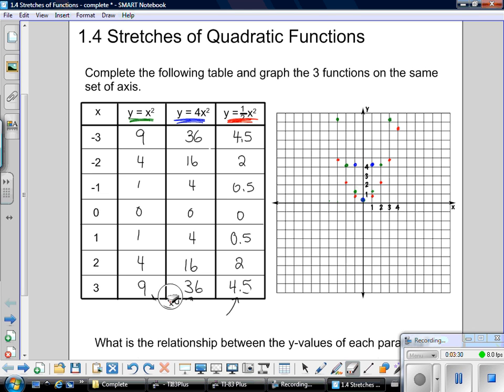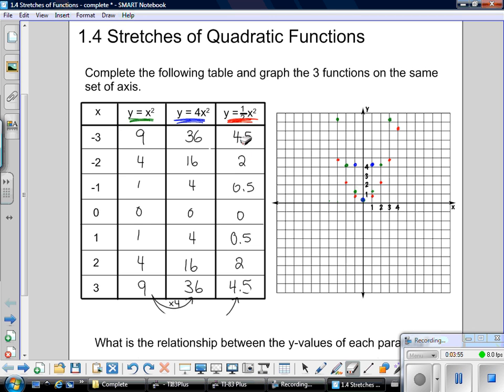If I multiply it by the 4, I end up with the numbers in the second column. So 9 times 4, 4 times 4, 1 times 4, 0 times 4, 1 times 4, 4 times 4, 9 times 4. So it takes the y values of my most basic parabola and multiplies it by the 4.